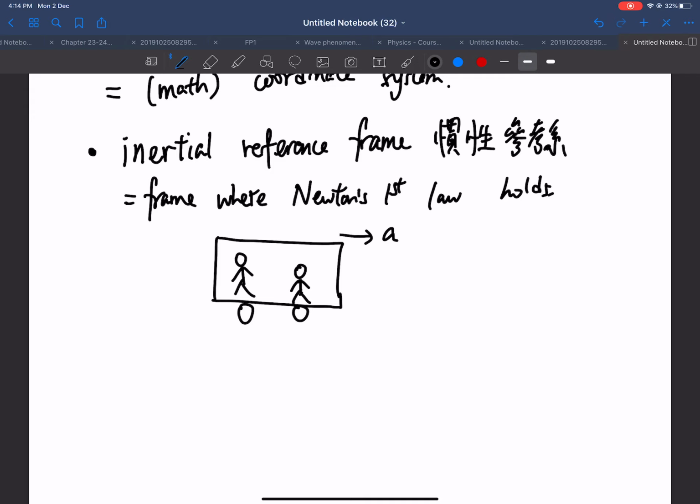Yes, because they're accelerating. But when A looks at B, A thinks that B is at rest, stationary. That violates the first law in your textbook. But actually it doesn't, because it is not an inertial frame.